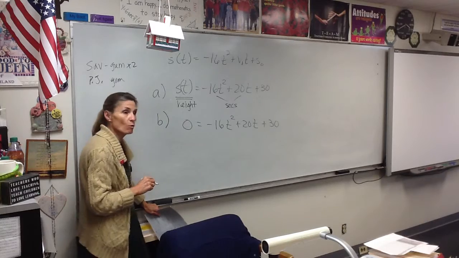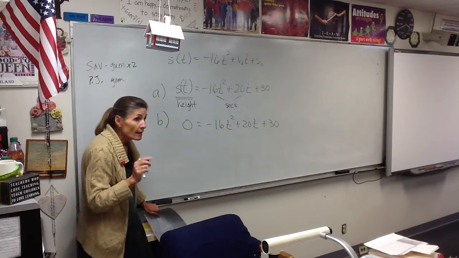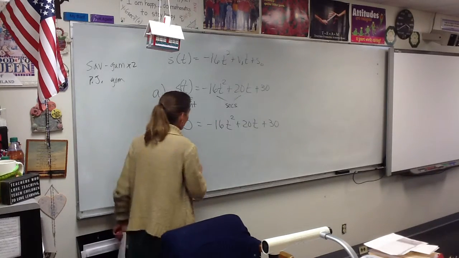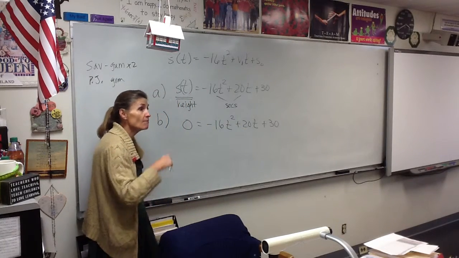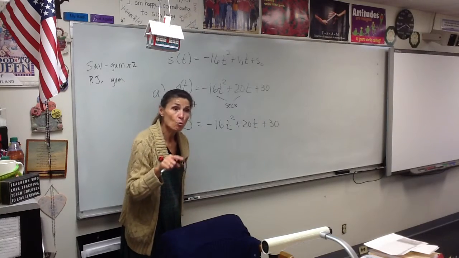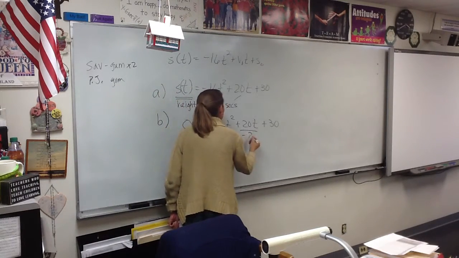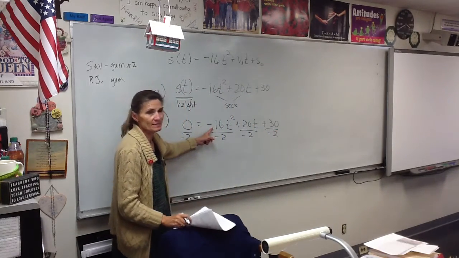The quadratic formula would be my choice. And because I happened to notice as I wrote it down, these are all divisible by 2. If you want to, let me say that again, if you want to, you can divide everything. I'm going to divide by negative 2 because I don't like these to be negative.